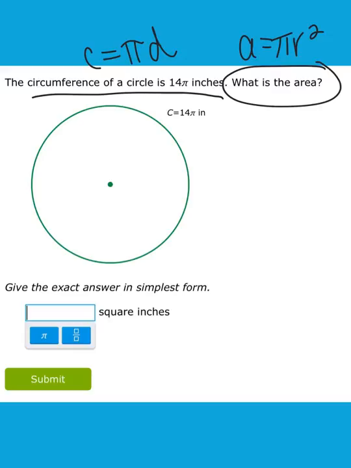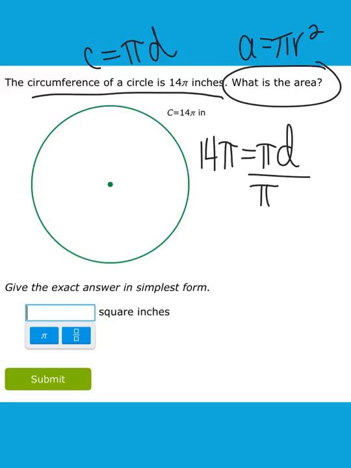So since I know my circumference is 14 pi inches, I can set that equal to my circumference equation, and then I'm going to work backwards to solve for the diameter. So I'm trying to isolate D, or quarantine D if you would say these days.